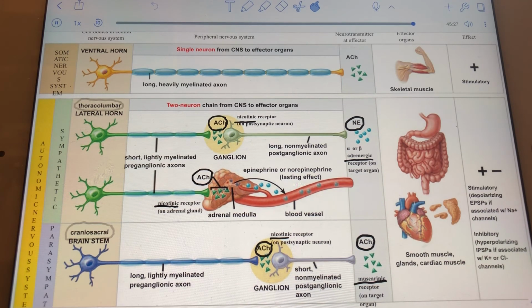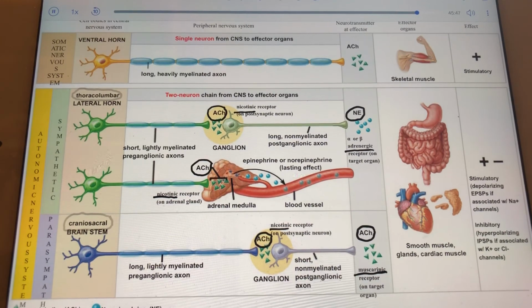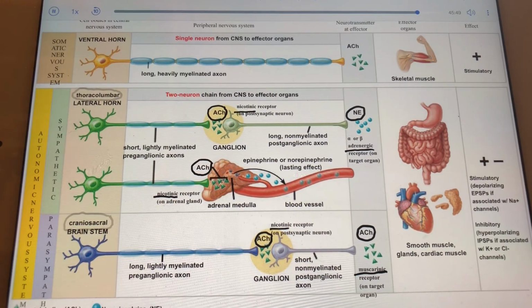And then the type of receptor featured on an effector synapsing with the postganglionic neuron is going to be adrenergic because it's norepinephrine that's released, okay?